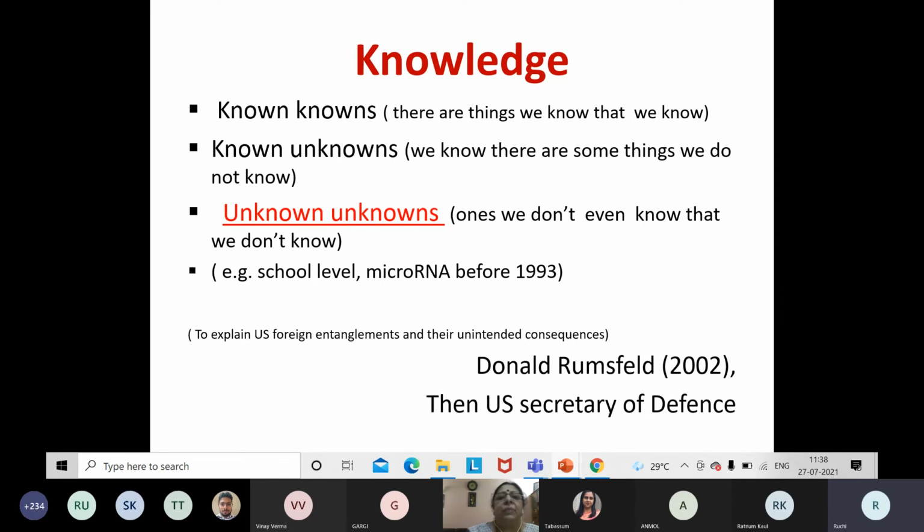A very good example of that, I said, is the small non-coding RNAs, which for the scientific community till 1993 did not exist, and they have been proved to be so important. Similarly, a subject like bioinformatics, we didn't know that it is such an important subject, and now it has become such a fast emerging and helpful tool for the whole scientific community.